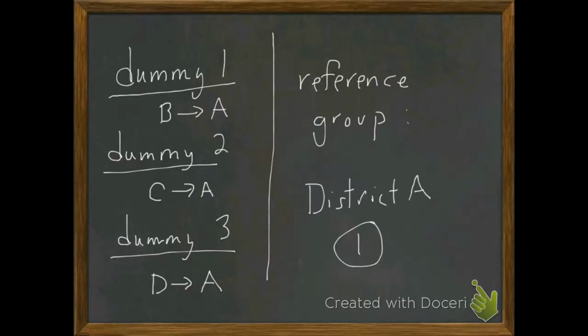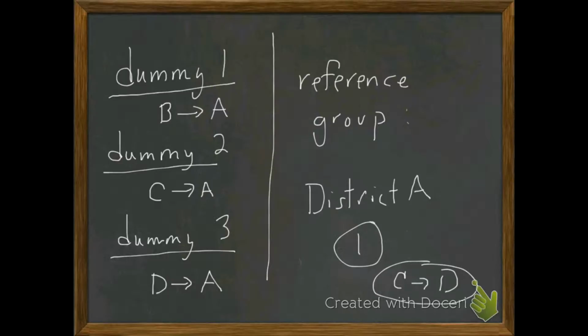But let's say, for instance, District A is setting the stage for reading scores, and we'd like to use the district to predict reading scores for all districts. Now, limitation here: what if you wanted to compare District C with District D?